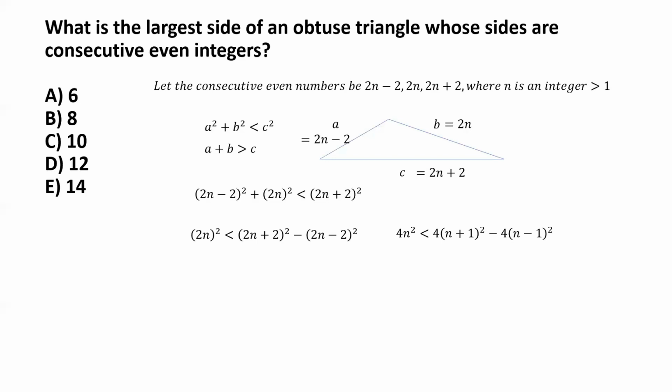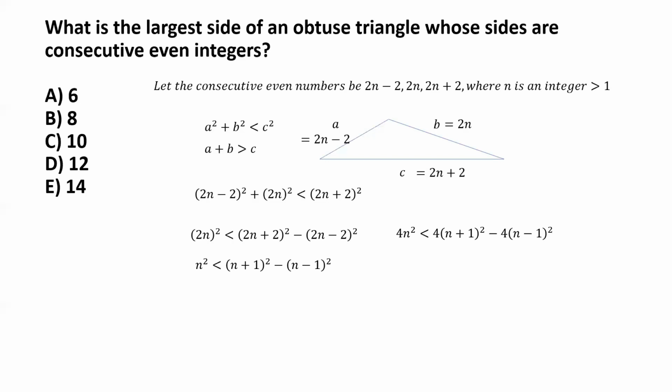So that's why you see the 4 in the terms on the right-hand side of the inequality. So we have 4n square less than 4 multiplied by n plus 1 whole square minus 4 multiplied by n minus 1 whole square. And then if we divide both sides of the inequality by 4, we get n square less than n plus 1 whole square minus n minus 1 whole square. And it's pretty trivial to show that the right hand side is simply equal to 4n.